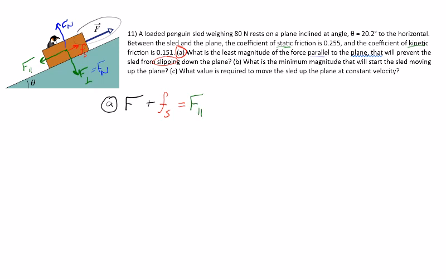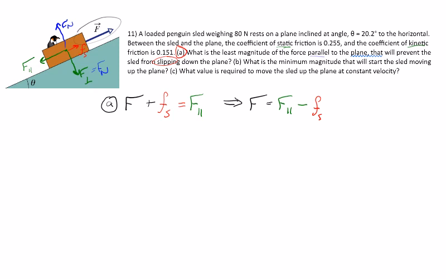So what we're going to try to solve for is F. So actually what I'm going to end up doing is taking the parallel force and subtracting the static friction. So the force I have to apply, the minimum force I have to apply, is enough to help out static friction and keep this thing from sliding. So that'd be the first part.